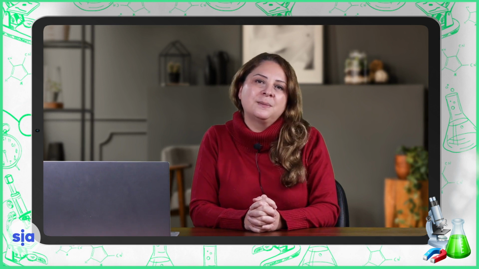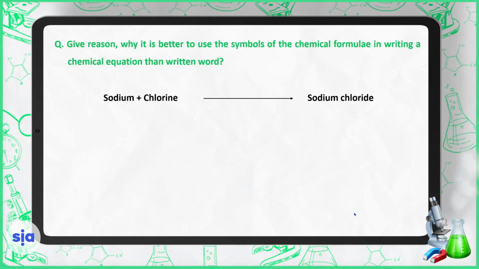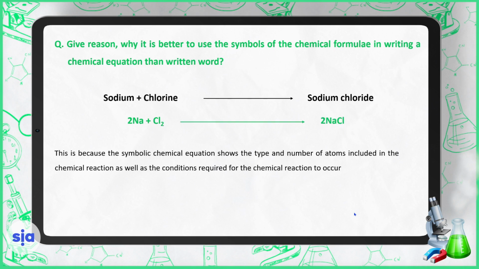Let's see together. This is the written chemical equation. Sodium plus chlorine equals sodium chloride. But actually, this is the symbolic equation. The symbolic equation will show the type and the number of atoms.